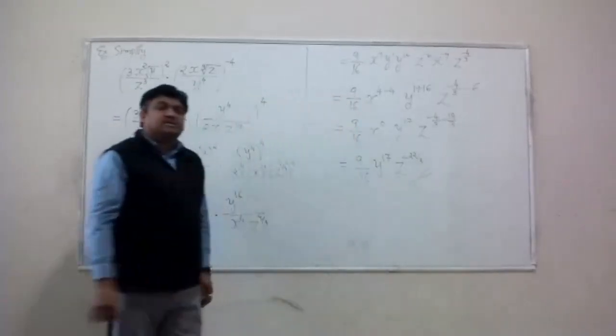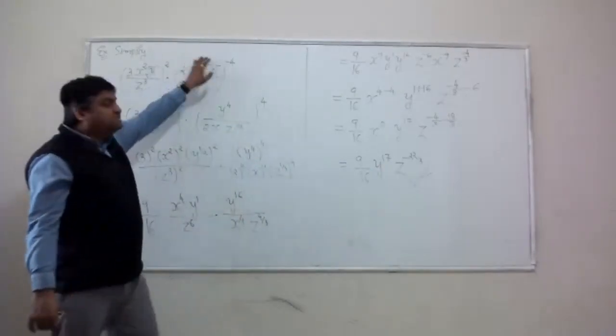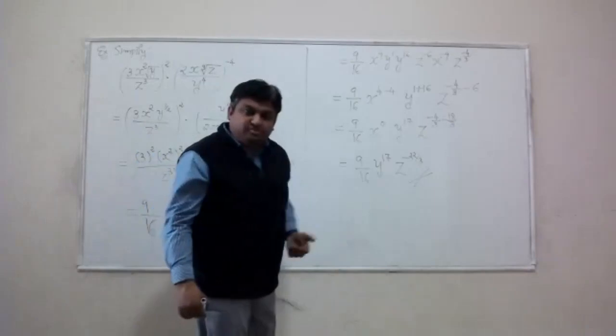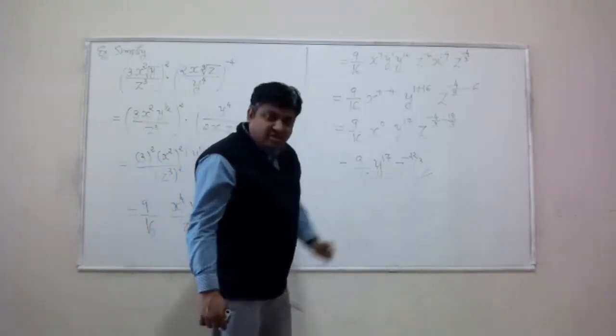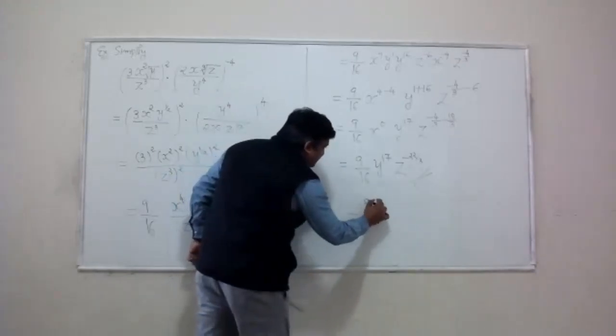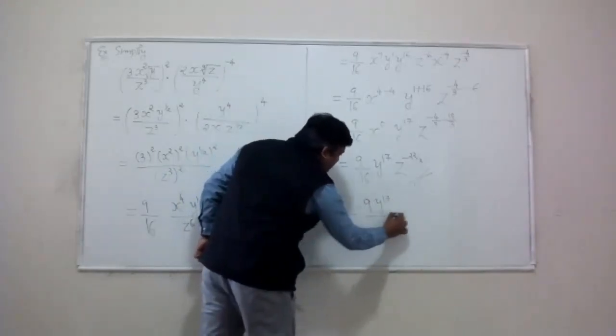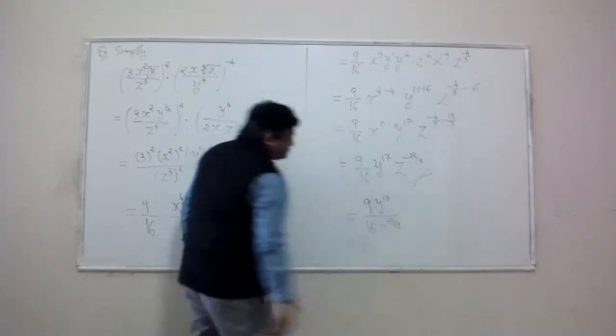This is our final answer. If the question says, write your answer with all positive exponents, then you have to send that into the denominator. You have to write one more step, 9y to the 17 over 16, z to the 22 over 3.